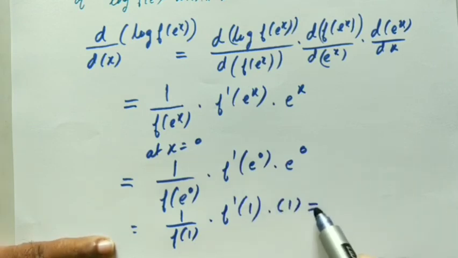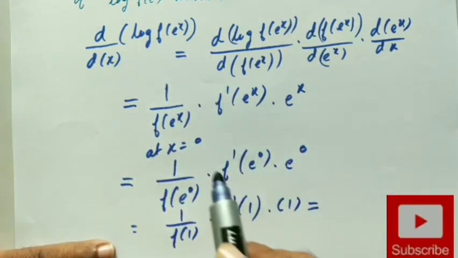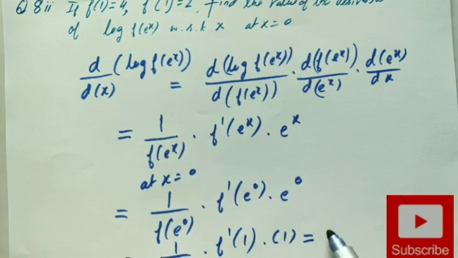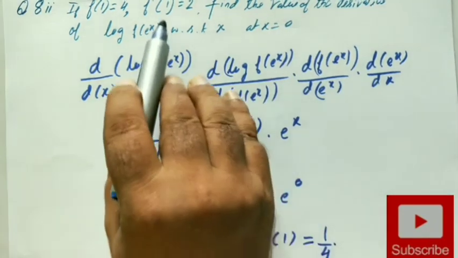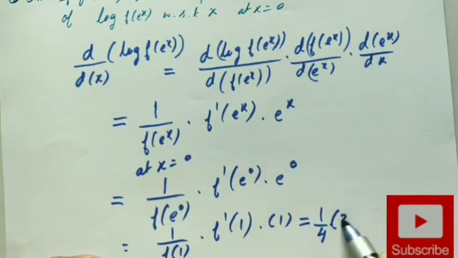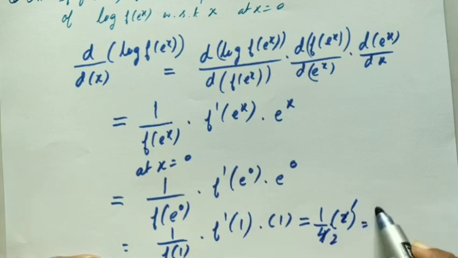Now we will find f(1). f(1) is equal to 4. So 1 by 4. f dash 1 is equal to 2. So 1 by 4 times 2. Answer is 1 by 2. Final answer is 1 by 2.